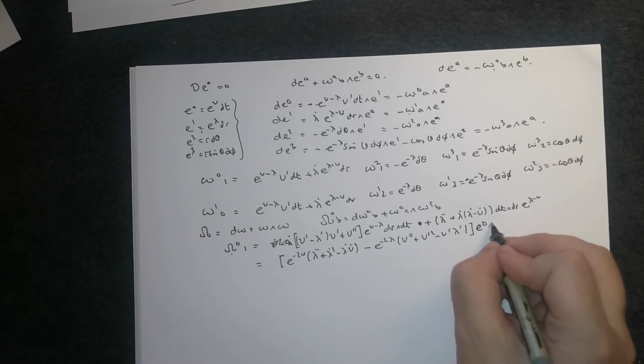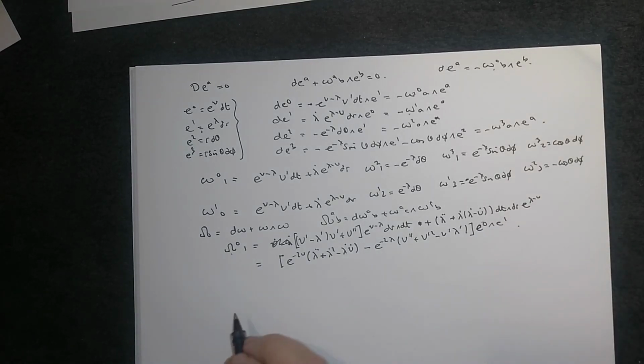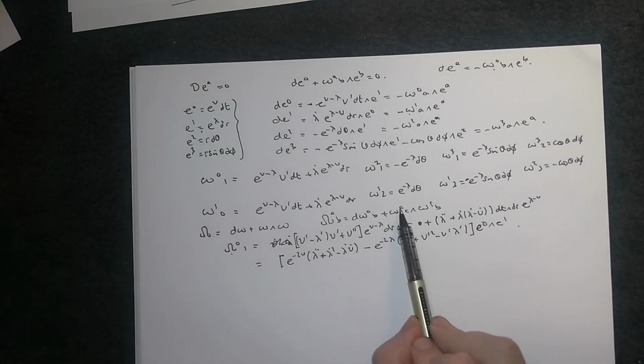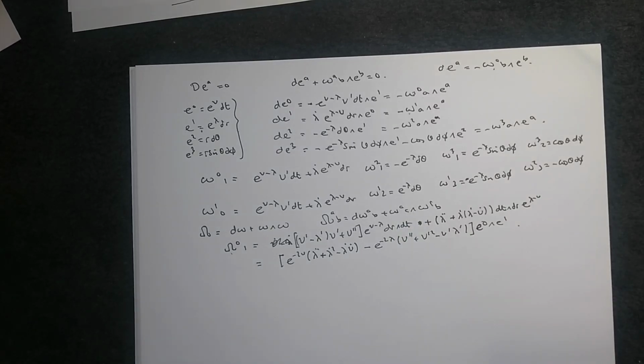And that's 0 wedge E1. And if you have a 0 there and a 1 there, you would need either a 0 or 1 in there to get something nonzero. But actually, you then have omega 0 or an omega 1, which is 0. So that is all we have from that one.